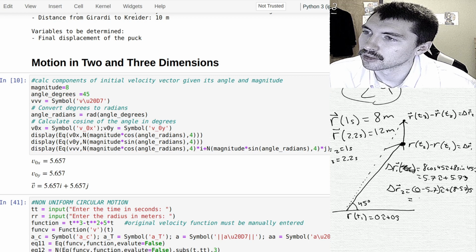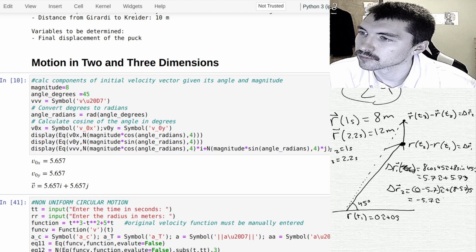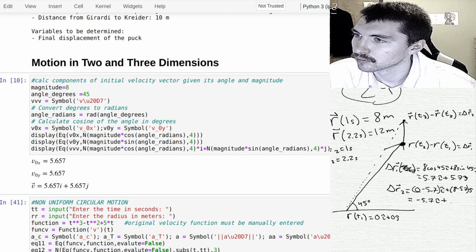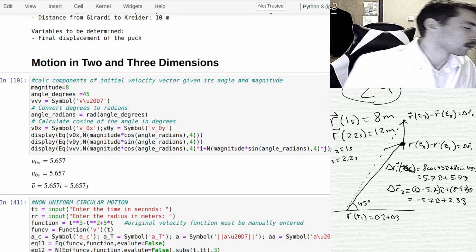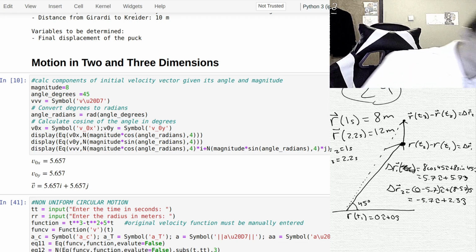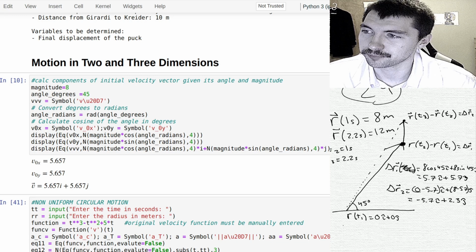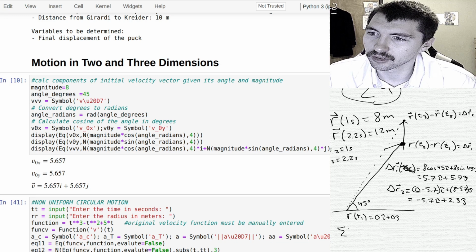So delta R is, okay, so now we sum the delta R's.